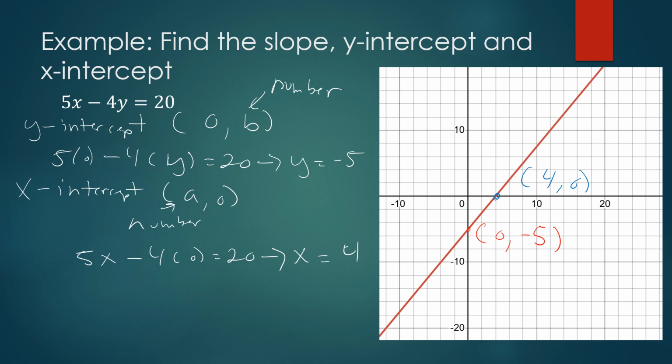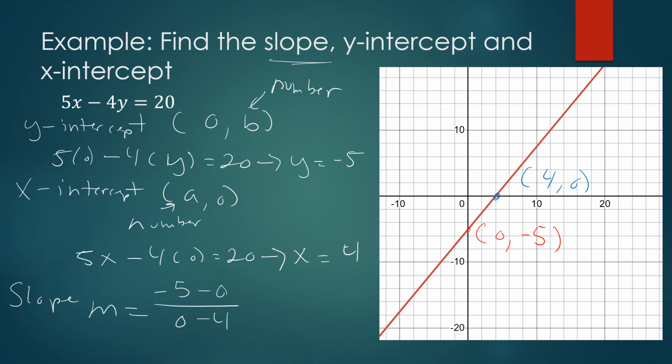The last thing we want to look at is slope. Although slope was listed first on our solving list, it's actually the last one we want to find, because in order to find slope without knowing the graph, we need to know two ordered pairs. And we have two ordered pairs. My slope is going to be negative 5 minus 0 over 0 minus 4.